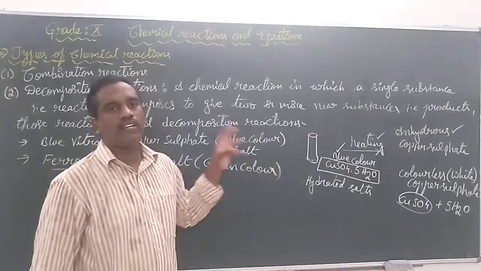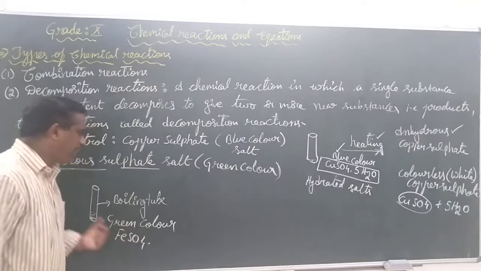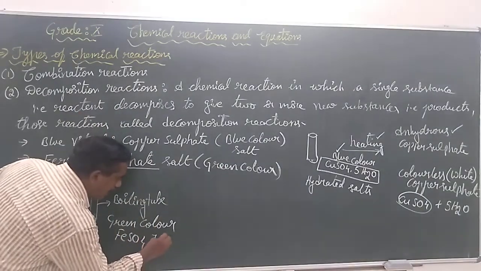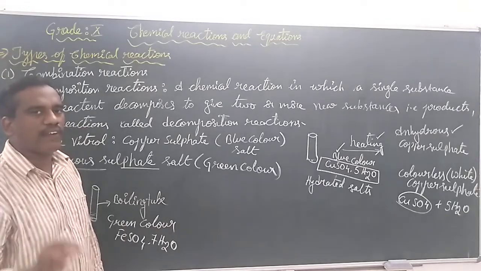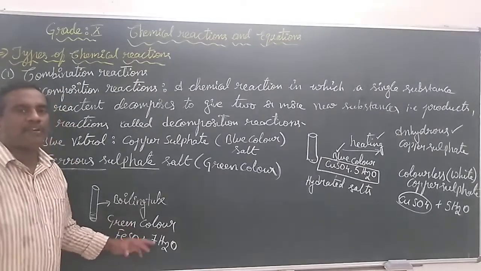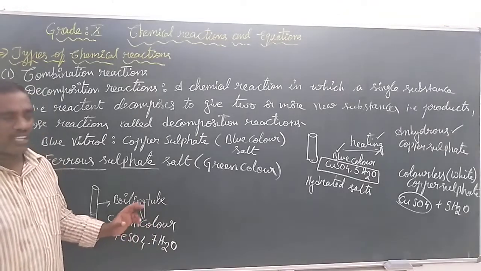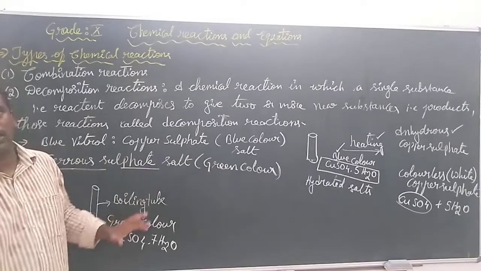Each and every salt has its own number of water molecules. For ferrous sulfate, there are 7 water molecules that are responsible for its green color. So it is a heptahydrated salt, whereas copper sulfate is only a pentahydrated salt.